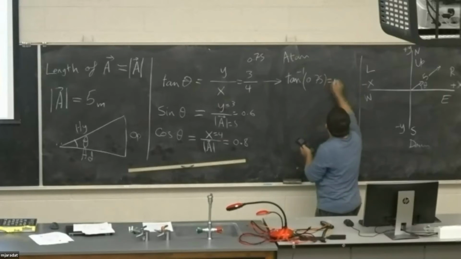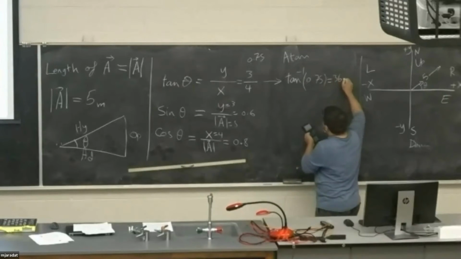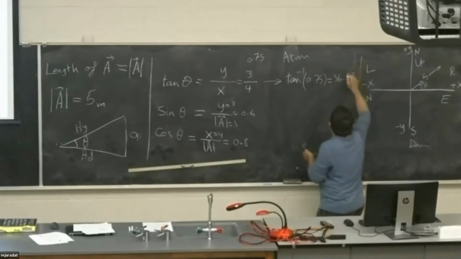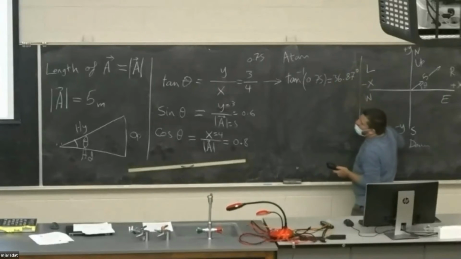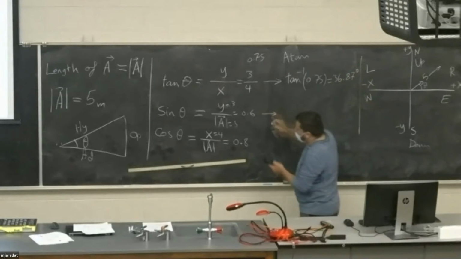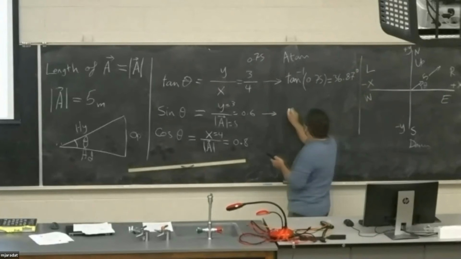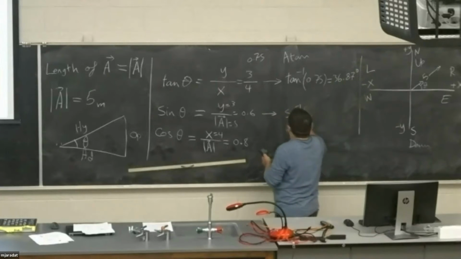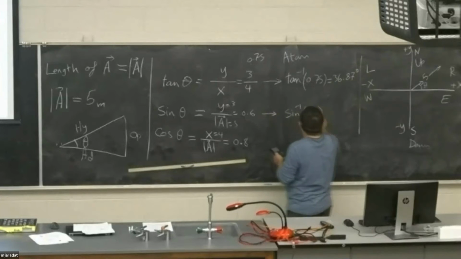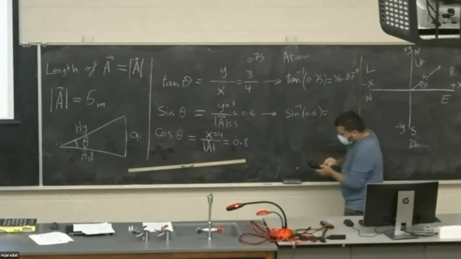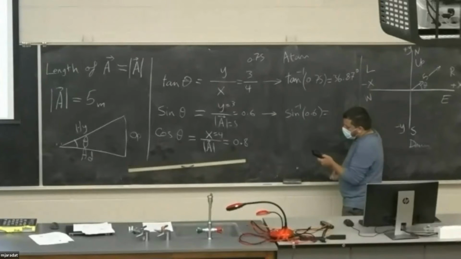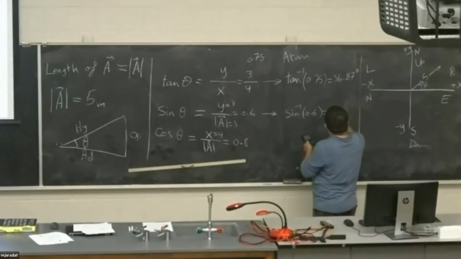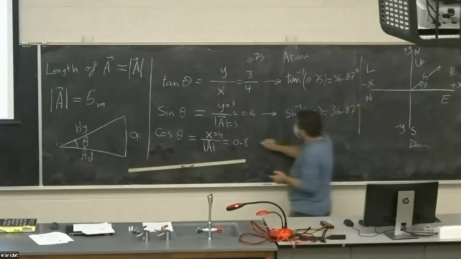is equal to 36.87 degrees approximately. What about the sine? Sine inverse of 0.6 is equal to 36.87 degrees.